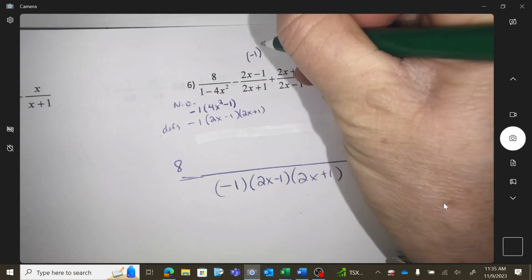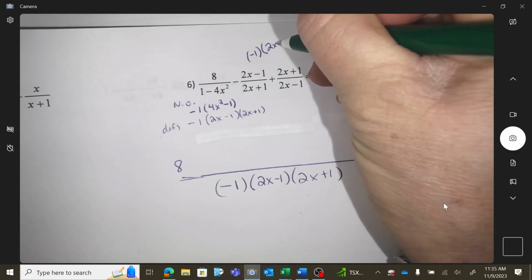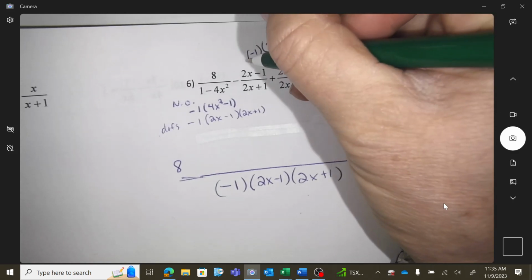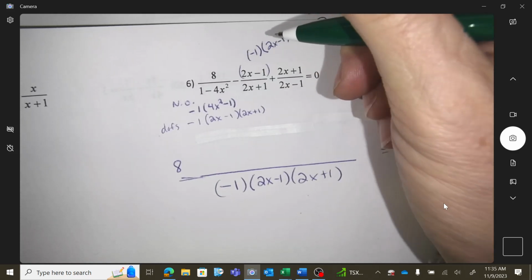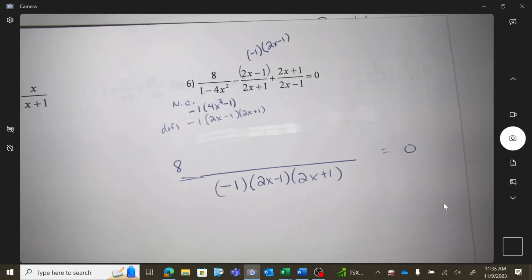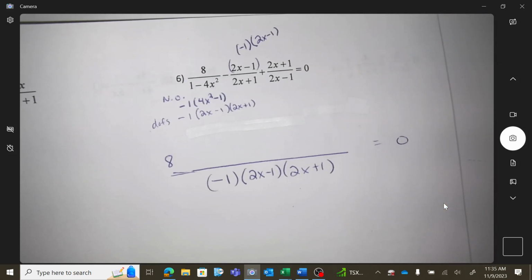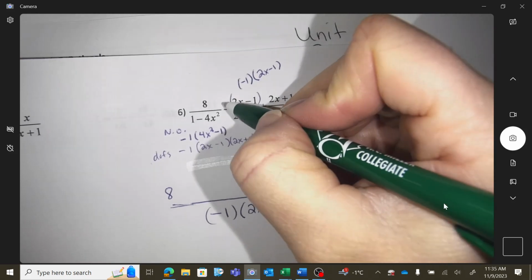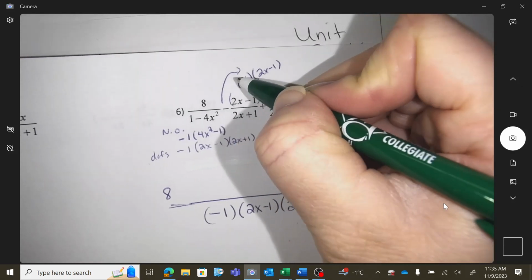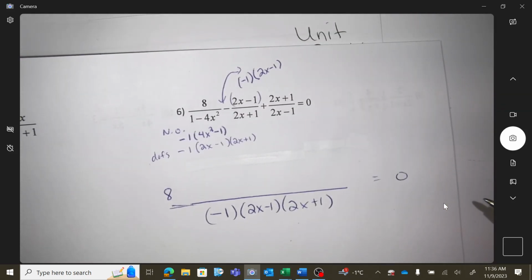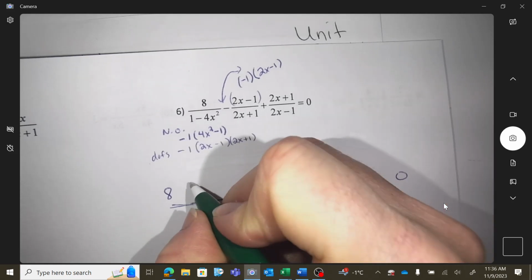There happened to be a -1 and a 2x minus 1. Okay. Would you be okay if I did this? What's the subtracting and the negative going to do? Just add.